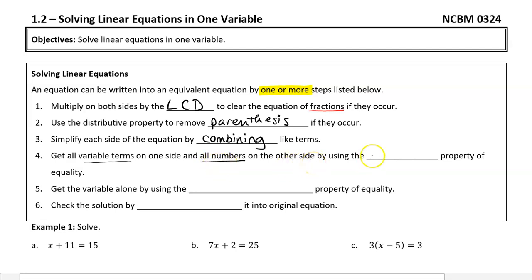And we're going to do this by using the addition property of equality. And that addition property of equality simply says if I add something to one side and I add it to the other side, that equality still holds. And this is also going to be true not just for addition, but also for subtraction.